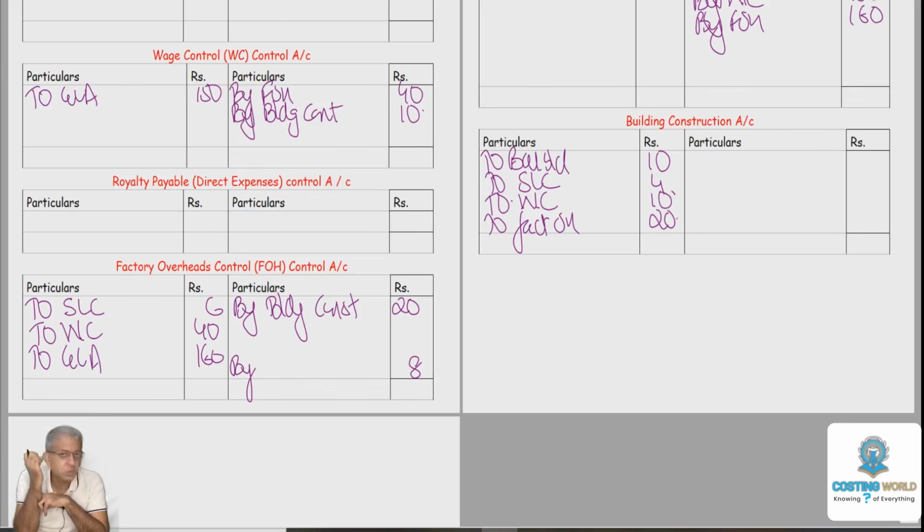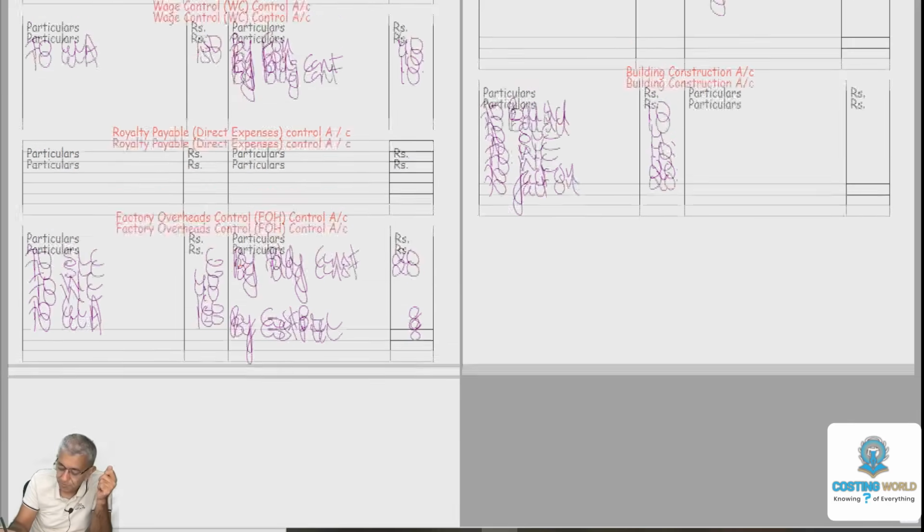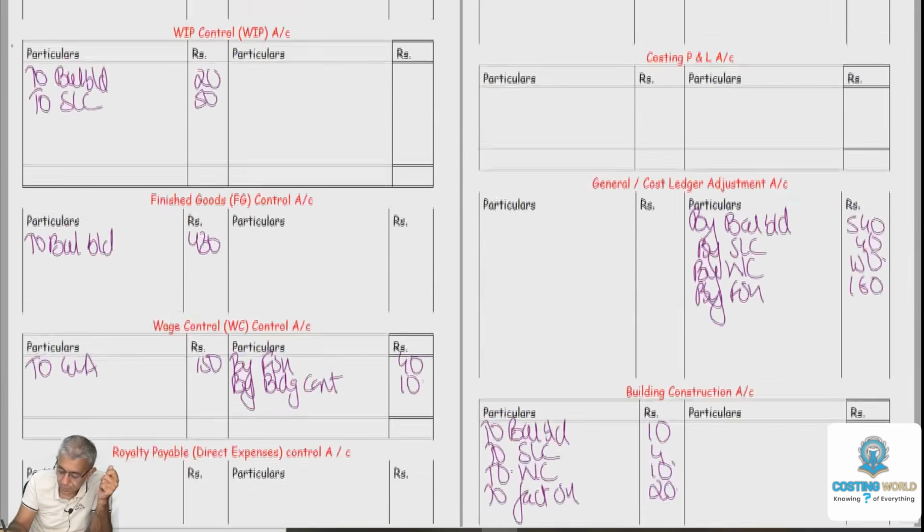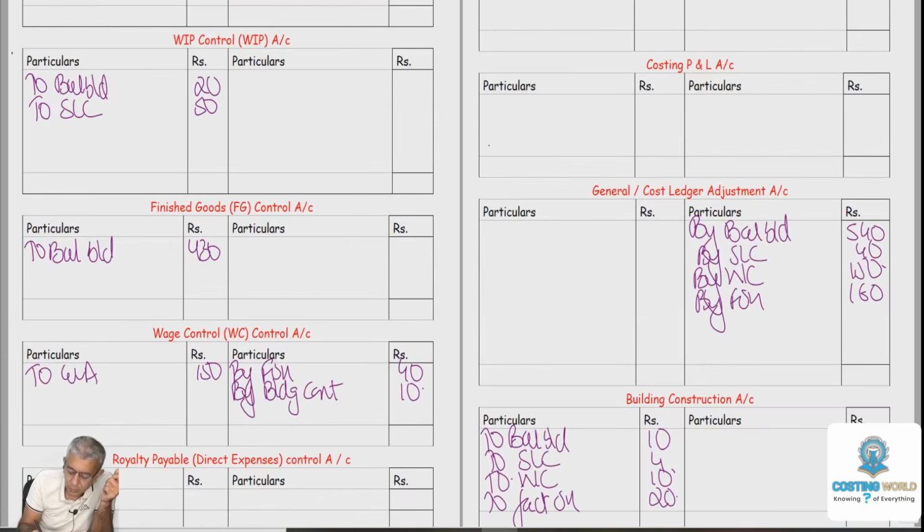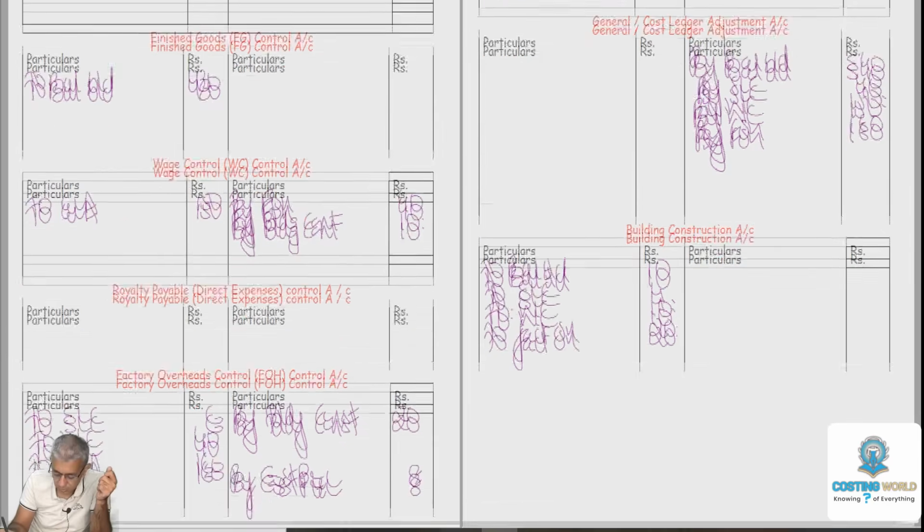No, sir. So therefore you can follow any method except carry forward, and given a choice, we would always like to follow costing P&L. So write down by costing P&L 8 rupees. In the costing P&L account, on the second last line, you can write down to factory overheads under absorption 8 rupees.